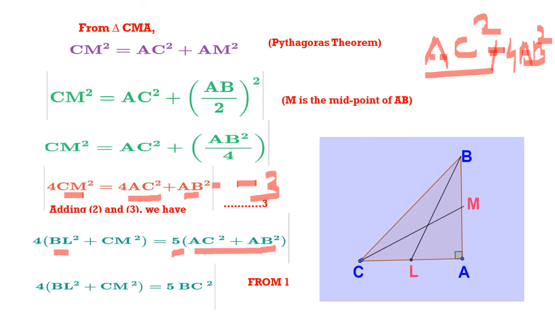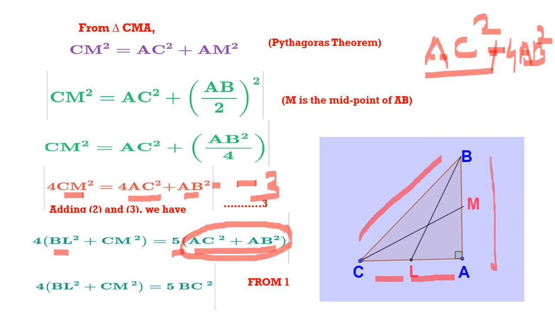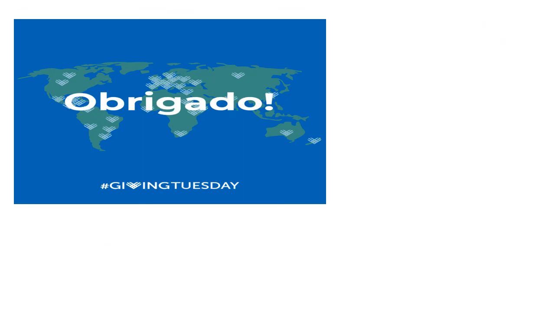And now what you have to do? 4 times BL squared plus CM squared is equal to 5 times AC squared plus AB squared. Now replace this AC squared plus AB squared by applying the Pythagoras theorem. As you know, AC squared plus AB squared is equal to BC squared by Pythagoras theorem from 1. So you got this, hence proved. This is what you have to prove. Thank you.